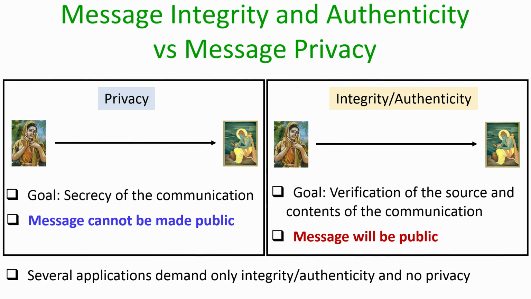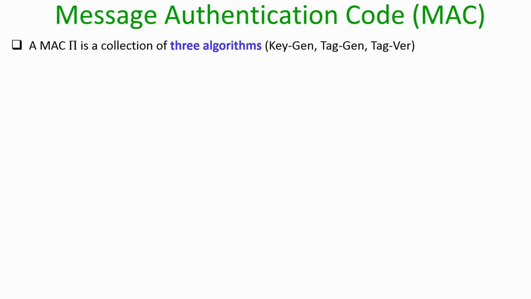Like that there are several real world applications where the goal is only to achieve integrity and authenticity and not privacy, and that means we should now discuss how to design cryptographic primitives to solve the problems of integrity and authenticity. A common tool which solves both these problems is called a message authentication code.